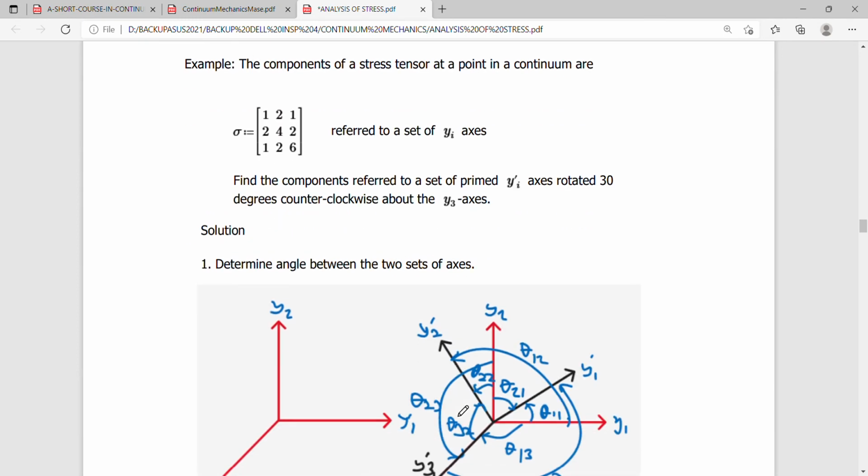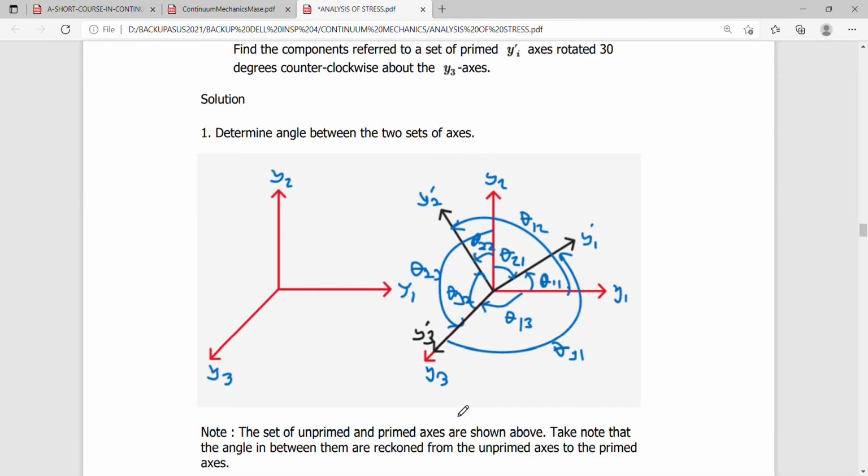I have here a figure showing the original axes. This is your original unprimed set of axes, and the new axes, which are the prime axes, are those drawn in black color here.